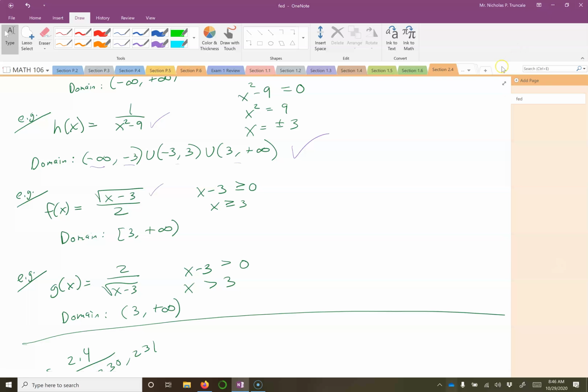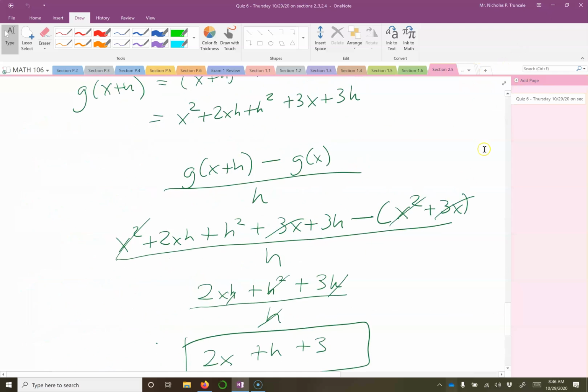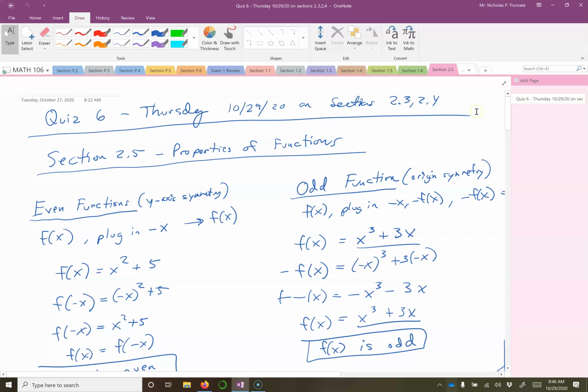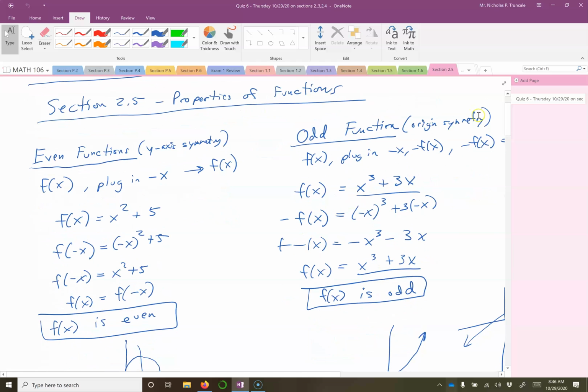Okie doke. All right, so that's the quiz material. So I gave you a homework assignment in 2.5. 2.5 was properties of functions. We did even and odd functions. That's basically testing for y-axis symmetry and origin symmetry. So that really wasn't anything new.